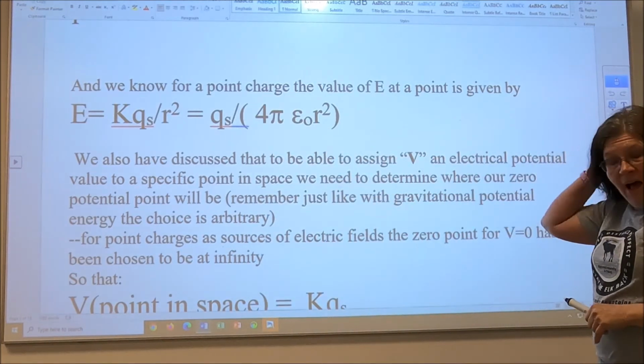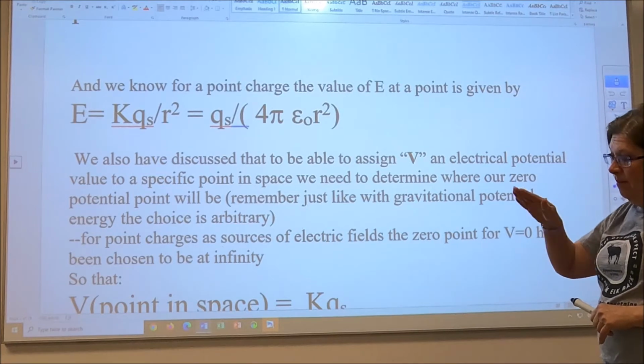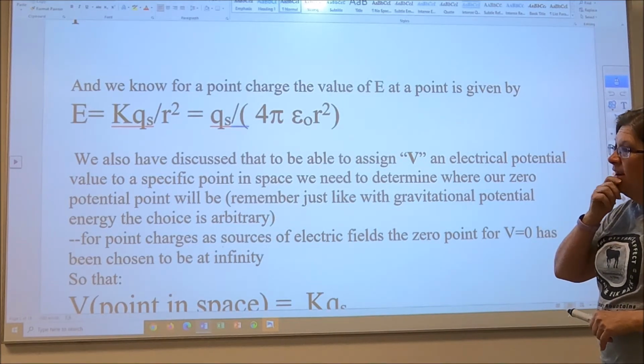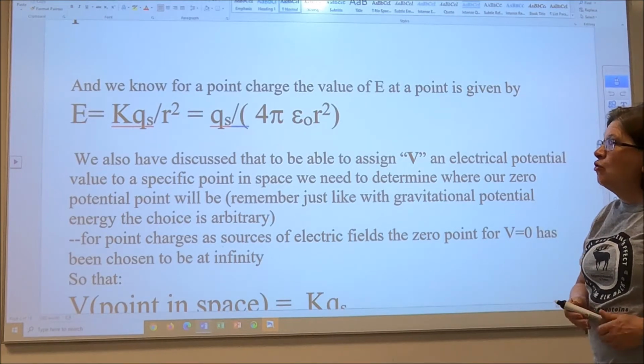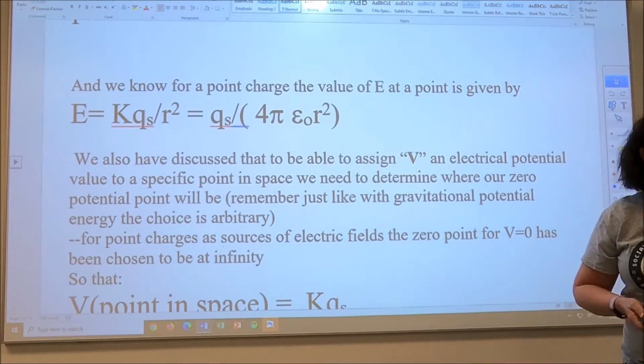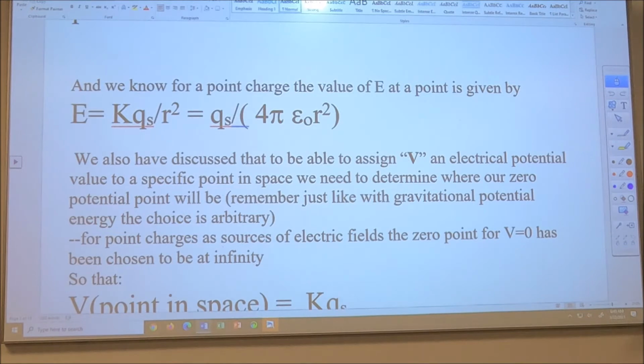So as I move out from the point charge causing our electric field, the electric field drops off as a factor of R squared. That means our equipotential surfaces, if we're looking at voltage, are not going to be equally spaced.